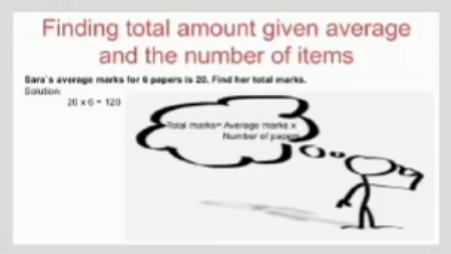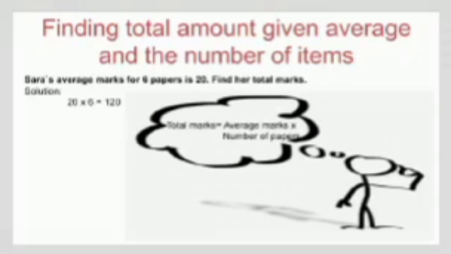Understand carefully. Sarah's average marks for 6 papers is 20. It means that Sarah has attempted 6 papers and her average mark per paper is 20. So, find her total marks.